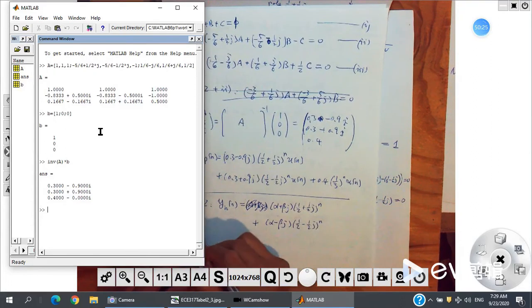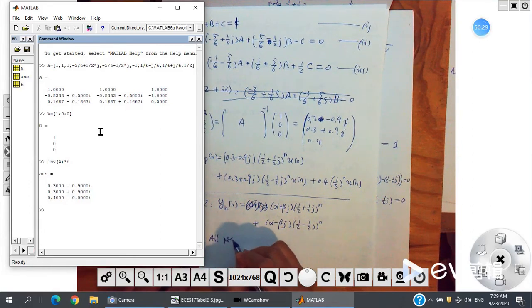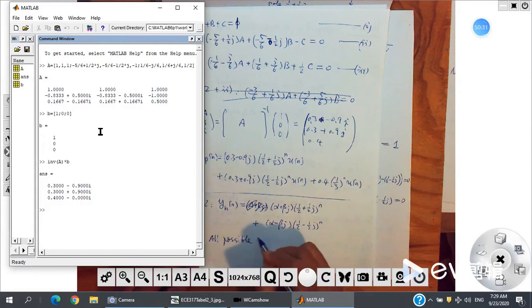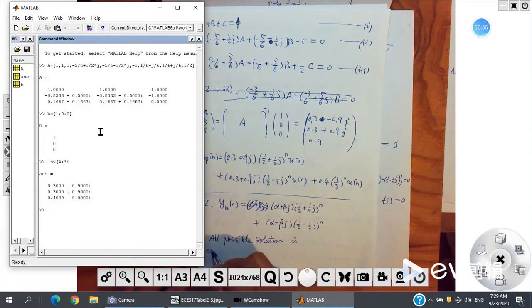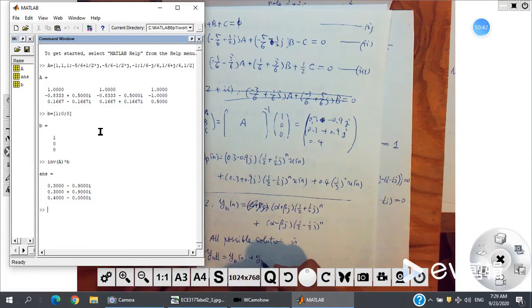Then we have all possible solutions: y of n equals YH of n plus YP of n. Here alpha and beta are any real numbers.